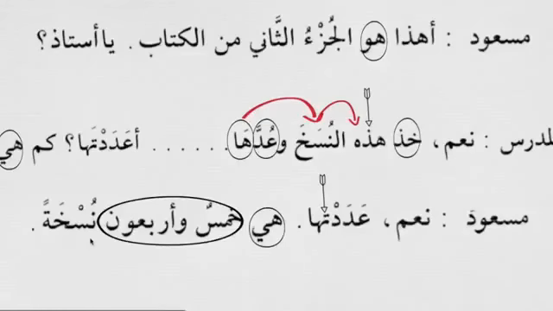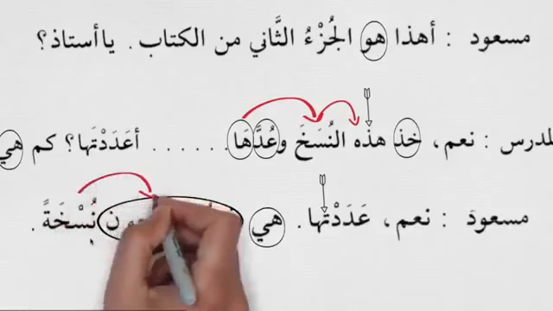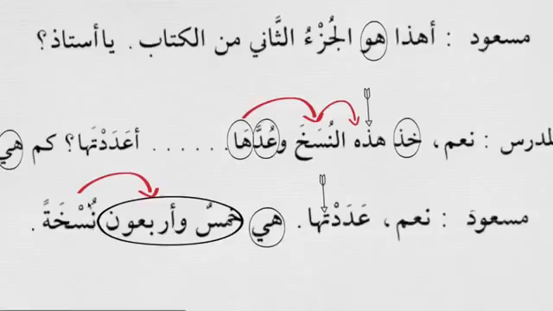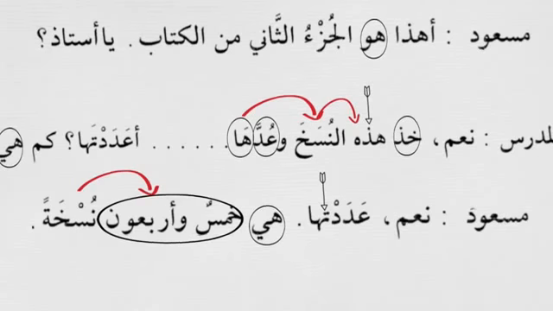Nuskhatan. Why nuskhatan? Because for numbers from 11 to 99, the ma'dud is singular and indefinite. Tam'iz. So if you remember, it's tam'iz. That's why it is nuskhatun. If it was only 3, it is salasatun nuskhin. So here, khamsun wa arba'una nuskhatun.